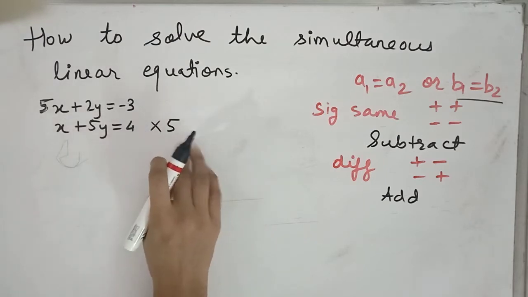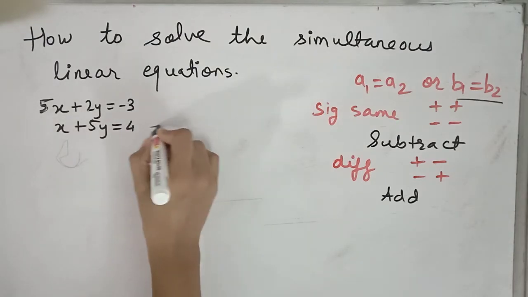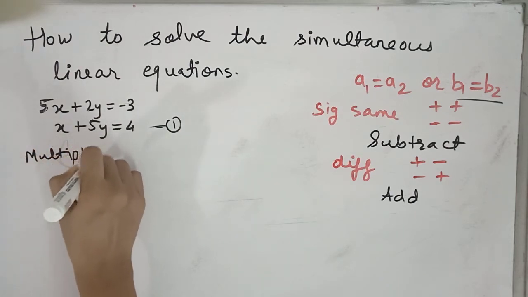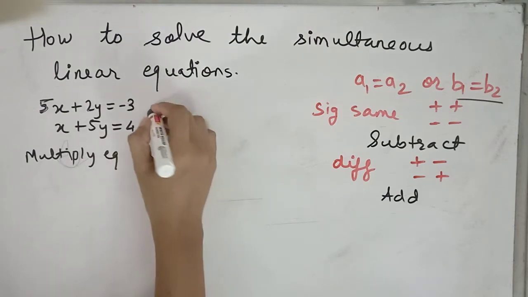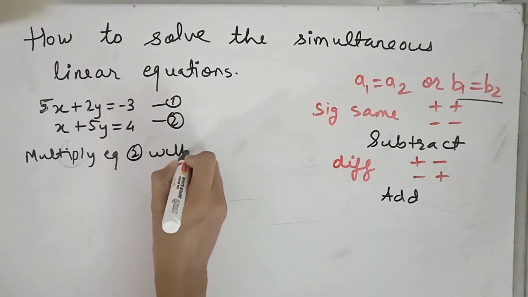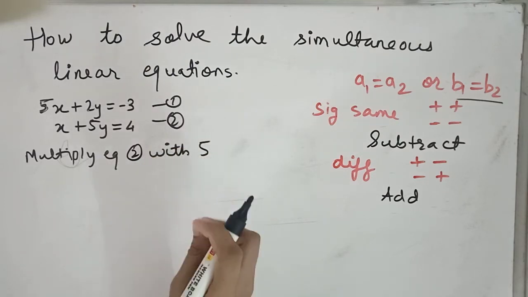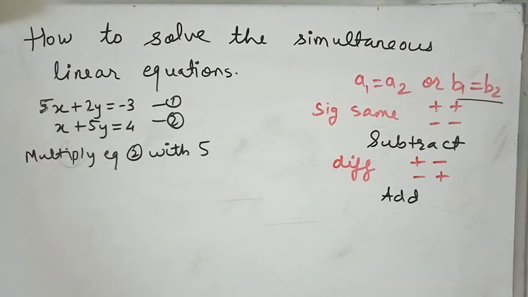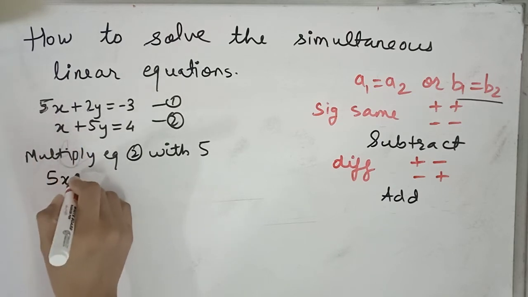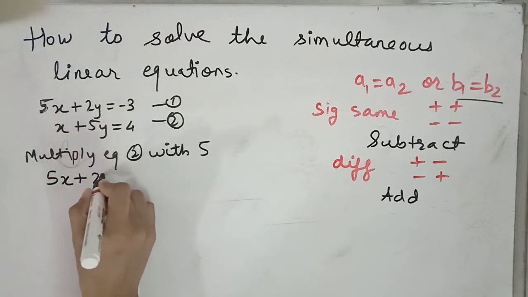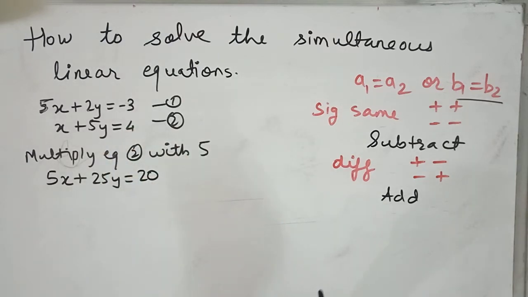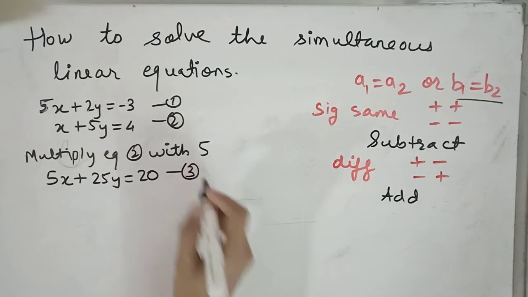So multiply equation 2 with 5, the whole equation. That will be 5 into x is 5x plus 5 into 5y will be 25y is equal to 5 into 4, which will be 20. Now this will be our third equation.